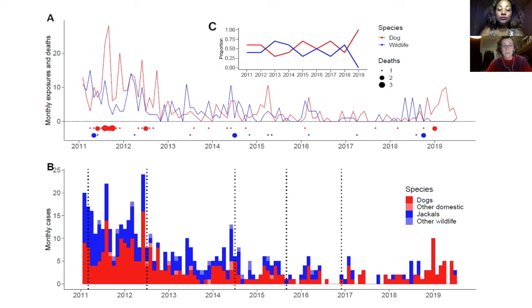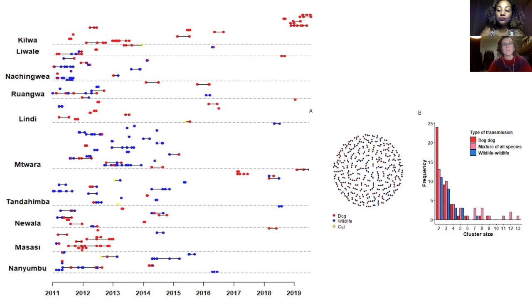So whilst jackals are definitely much more involved there, we do think that dogs are driving the transmission, and you see some long chains of transmission that potentially have both dogs and jackals in the mix.